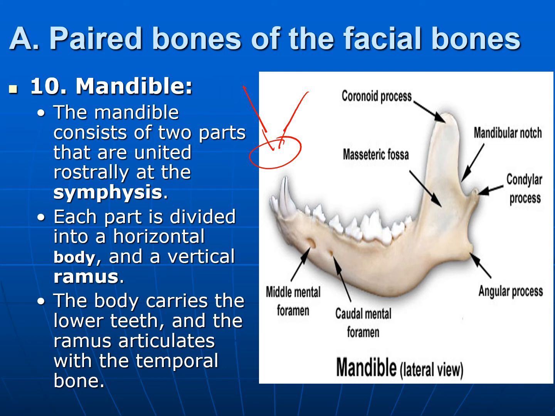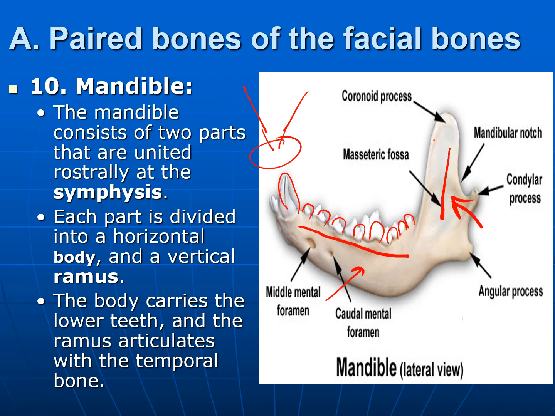The mandible consists of the body and the ramus. The one that is horizontal is the body, and the one that is vertical is the ramus. The body has the alveoli, the openings for the teeth, so it's easy to differentiate the body from the ramus.